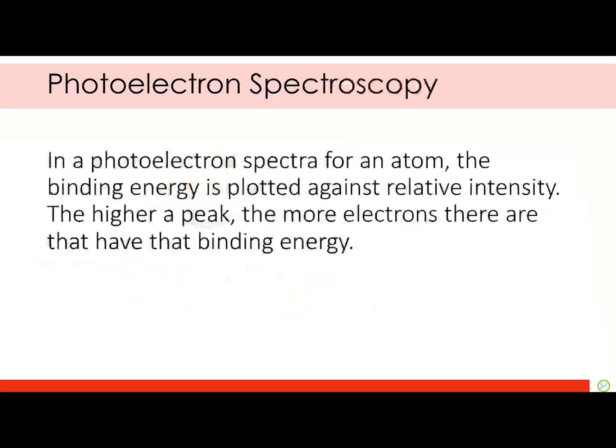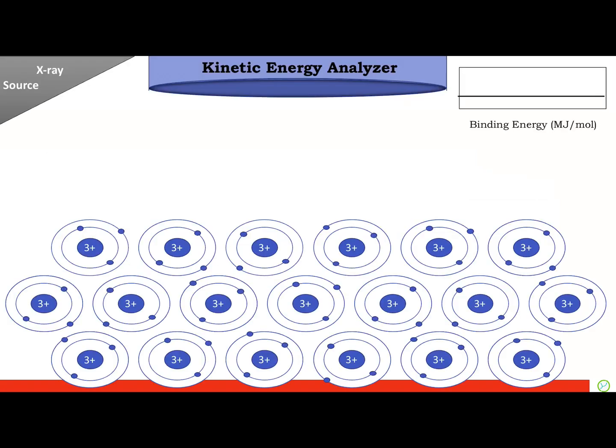So in a photoelectron spectra, the binding energy is plotted against its relative intensity. The key part is that the higher a peak, the more electrons there are that have that binding energy. We can look at a photoelectron spectroscopy diagram and figure out how many electrons are at a certain energy level.